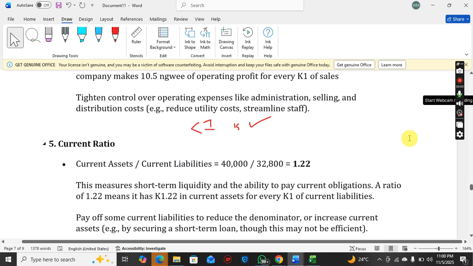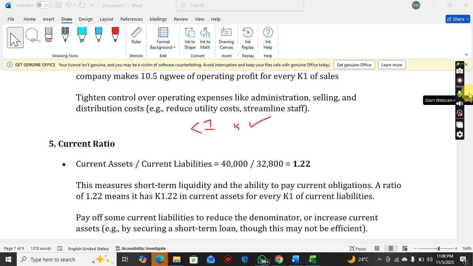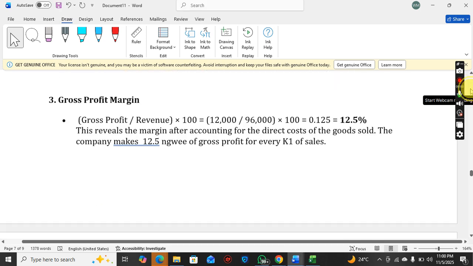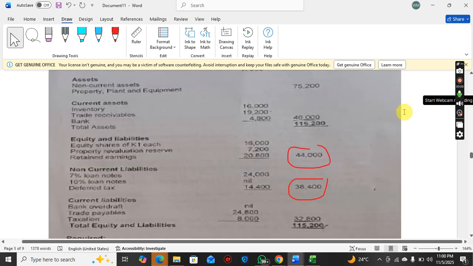So we go to our balance sheet, we look for our current assets, total 40,000. Current liabilities, total 32,800.